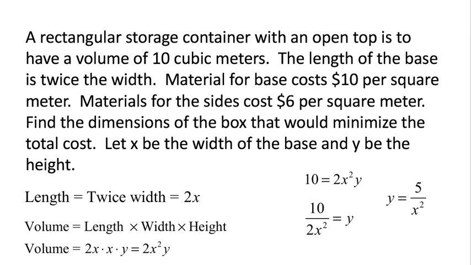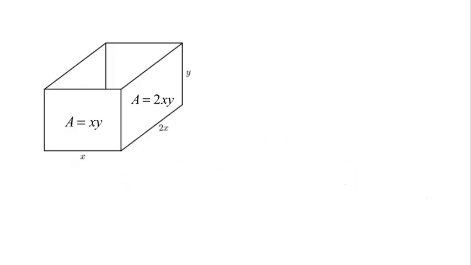Now, we need to figure out what the cost of this box is going to be. So, the base is $10 per square meter. The sides are $6 per square meter. Remember, the length is 2x, the width is x, and the height is y. So here's our picture. Length is 2x, width is x, height is y.